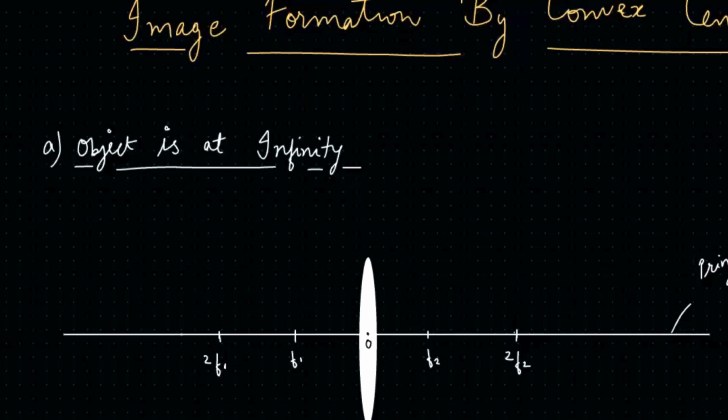Now, when the rays are parallel to the principal axis, they pass through the focus.